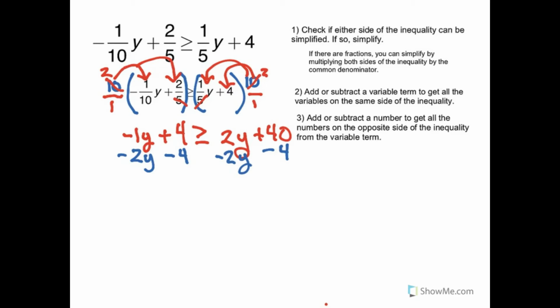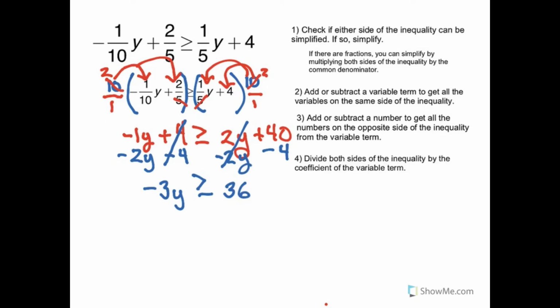Now the inequality has the 4's canceling and 2y and negative 2y canceling, so I end up with negative 3y is greater than or equal to 40 minus 4, which is 36.